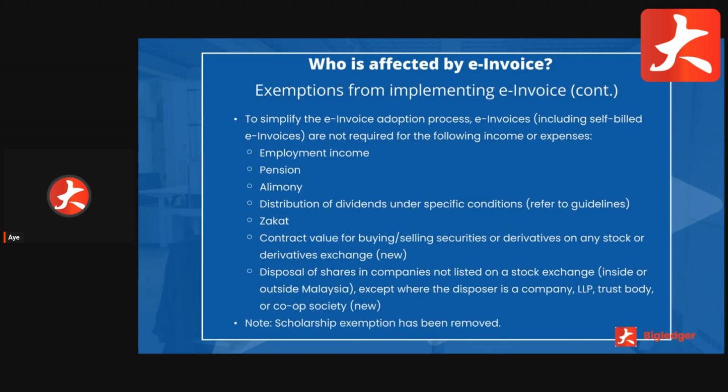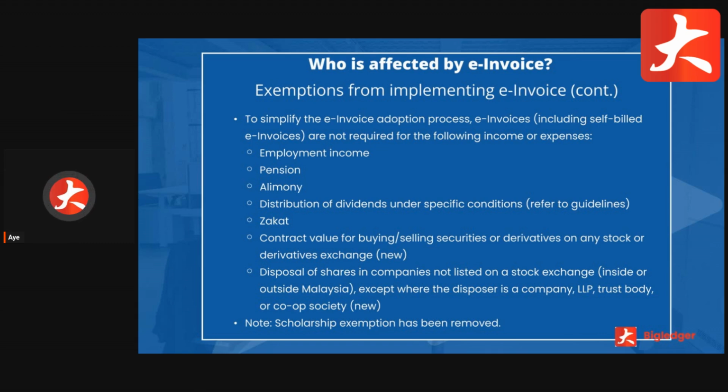Then next, LHDN also adopts some processes to simplify the e-invoices, including the self-bill part. If the business has the following income and expenses, they don't need to issue e-invoices or self-billed invoices.